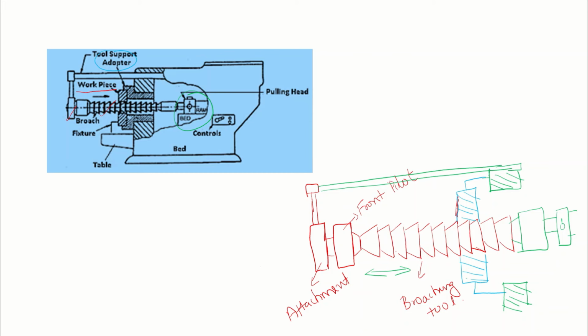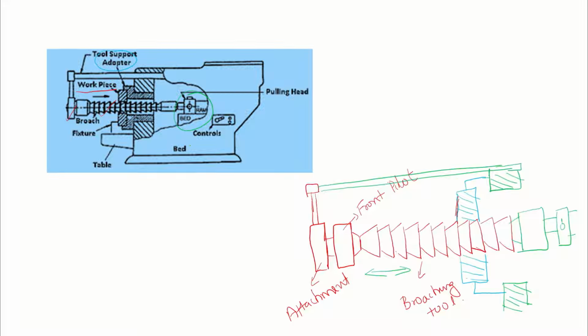Usually, depending upon the type, the power for the drive mechanism can be given using a hydraulic or electric unit. So this is the construction of a horizontal broaching machine.